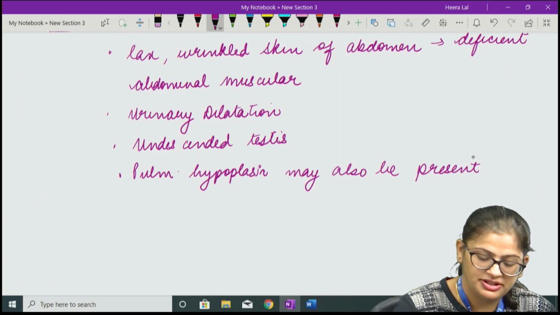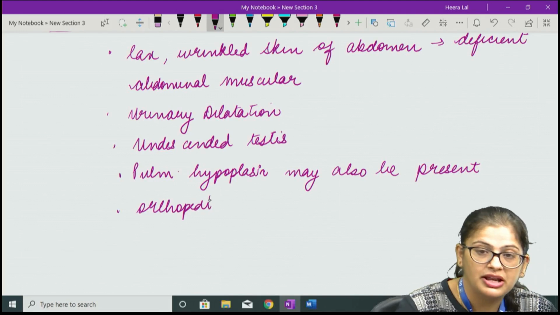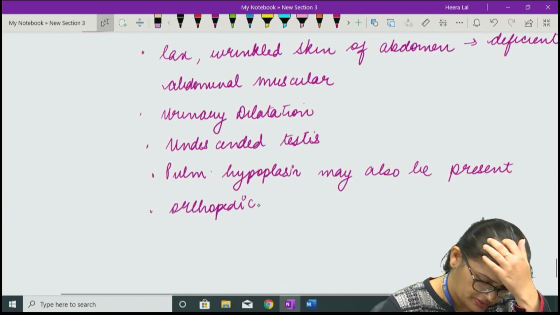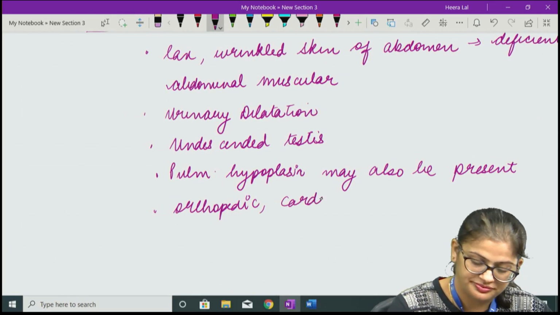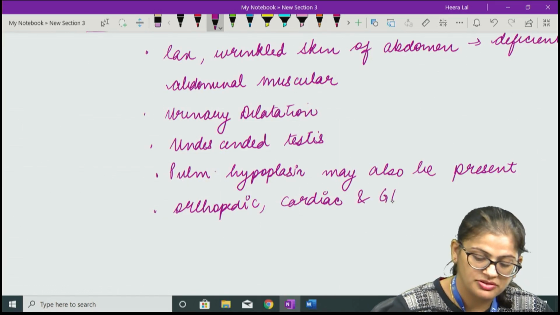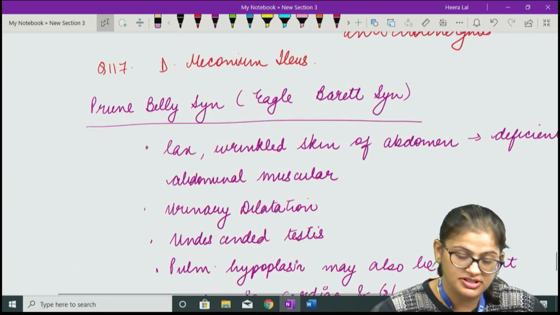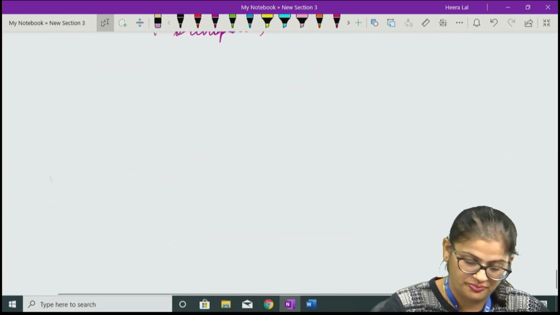And apart from that, there may be some orthopedic, cardiac and gastrointestinal problems as well. So this was about prune belly syndrome or Eagle-Barrett syndrome.